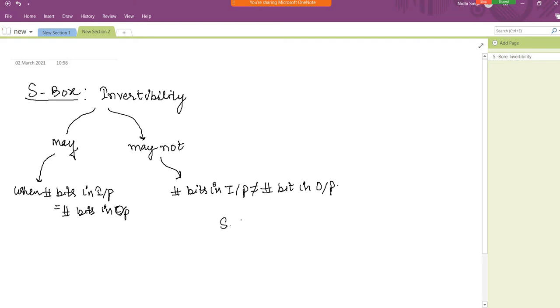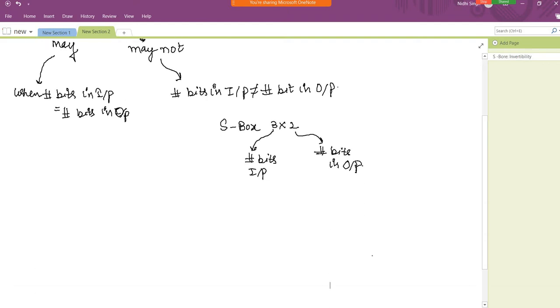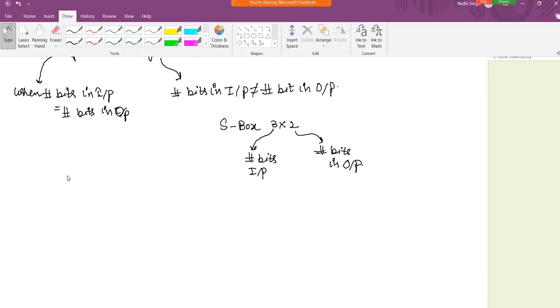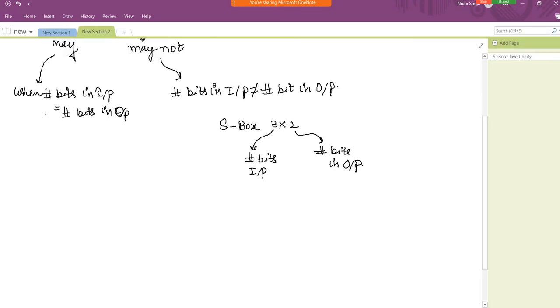Suppose my S box is of size 3 cross 2. So 3 is the number of bits in the input, and 2 is the number of bits in the output. My table for the S box, in order to do the substitution, is like this.